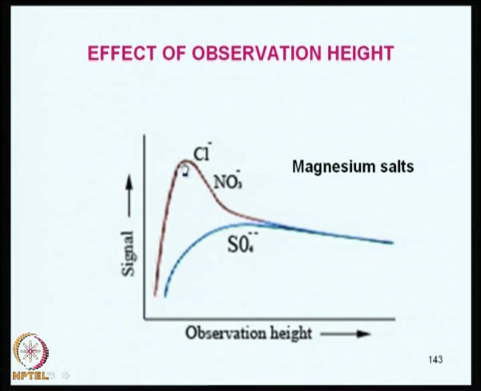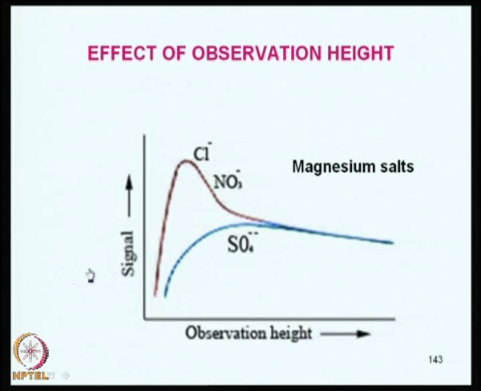Suppose you have chloride instead of sulphate, then what happens? Look at this figure. The optimum observation height for chloride is smaller than that for nitrate and sulphate. For sulphate, the optimum observation height is this much from here to here, whereas for chloride the optimum observation height is only one third of that.